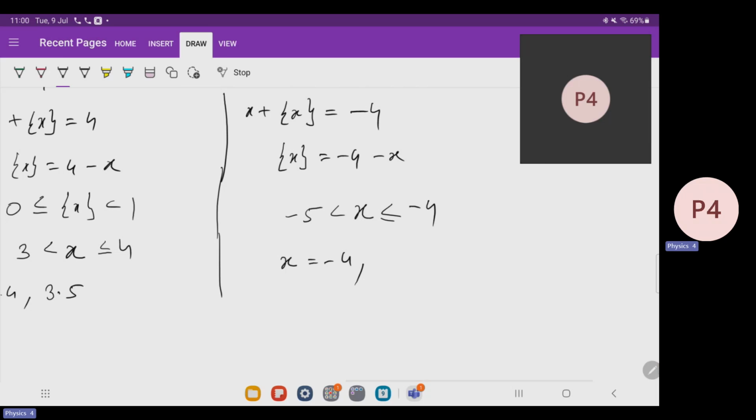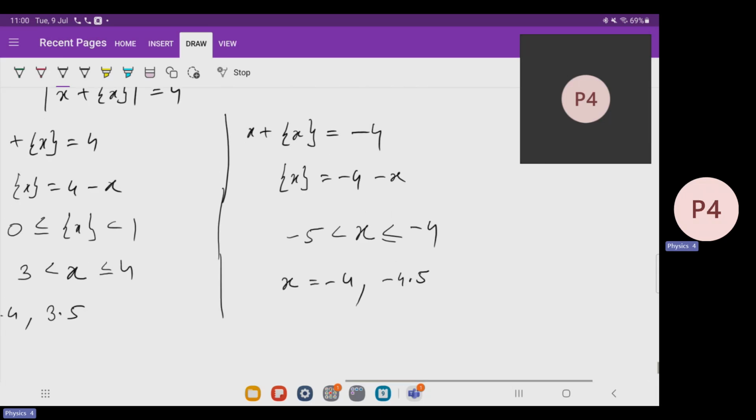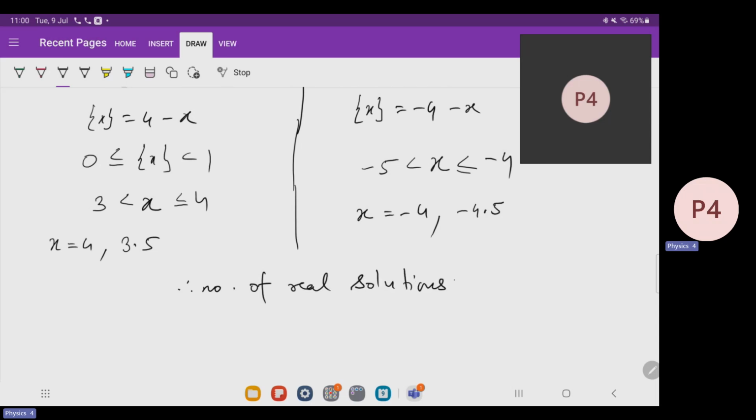So x is minus 4, and the other value which will satisfy is minus 4.5. Fractional part of minus 4.5 is 0.5. So minus 4.5 plus 0.5 is minus 4. These are the four values that are going to satisfy this equation. Therefore, the number of real solutions is 4.